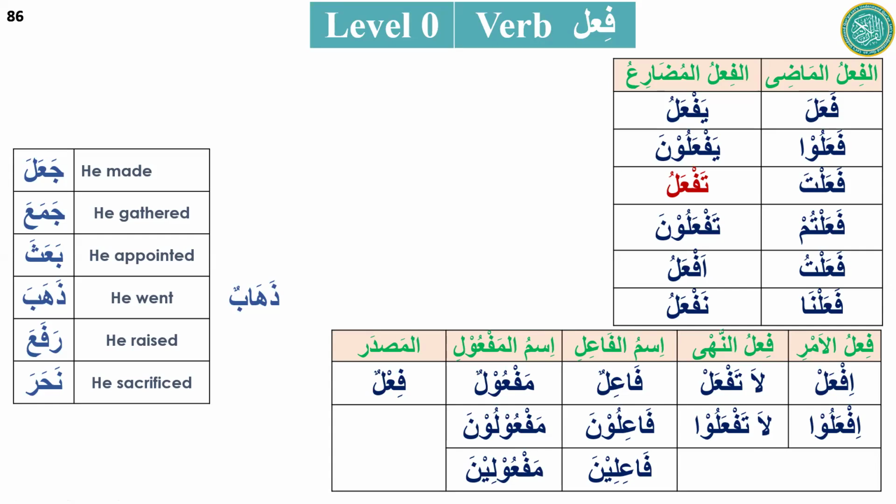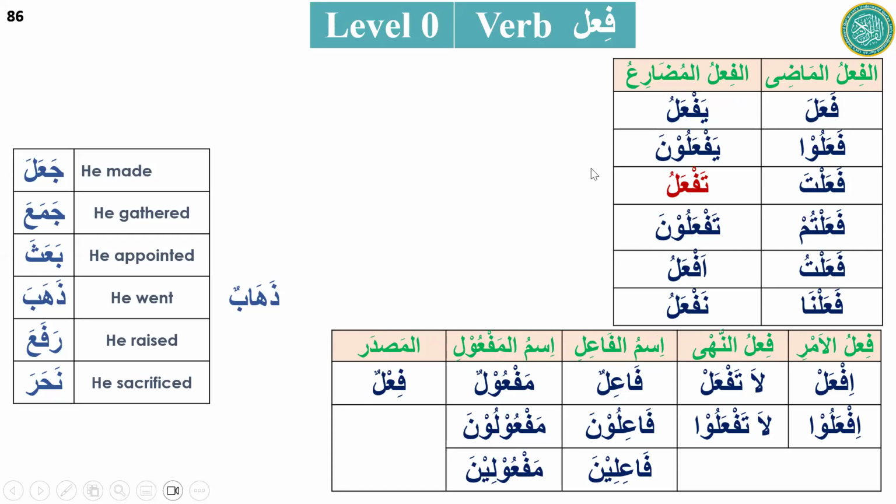In the first column, there is Madi, past; Mudare, present and future together; Amr, imperative; negative imperative, order; and then we have Ismul Fa'il, Ismul Maf'ul, and Masdar. Here, Madi, Mudare, Amr, and Nahi are verbs, and fa'il, maf'ul, and masdar are nouns. So this is very important: fa'il is subject, maf'ul is object, masdar is verbal noun.